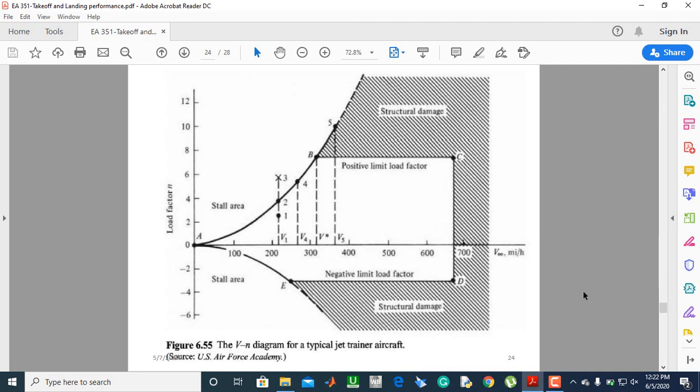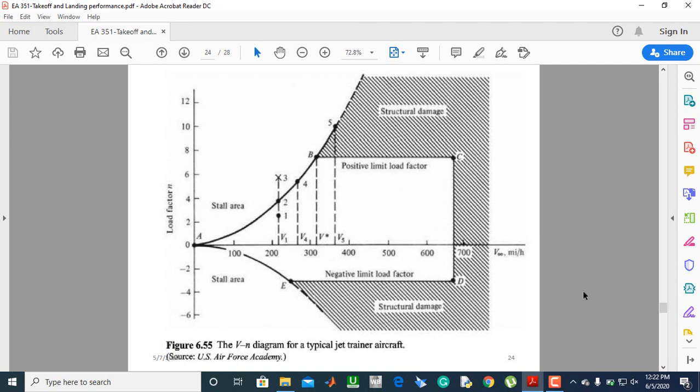However, there's a practical limit above which the load factor cannot increase. Beyond that, structural damage can occur, and this limit is given by the line BC on this VN diagram. So BC is the practical limit that the load factor can reach.